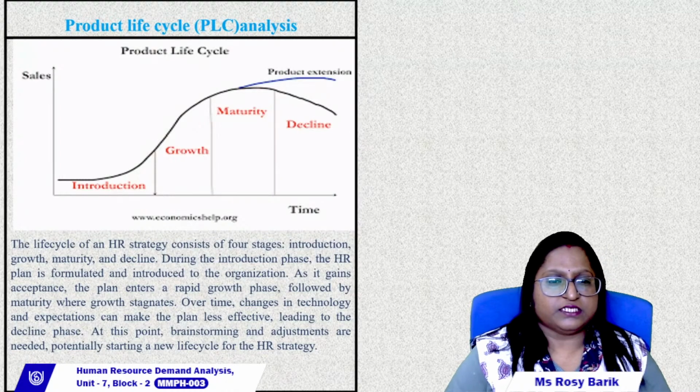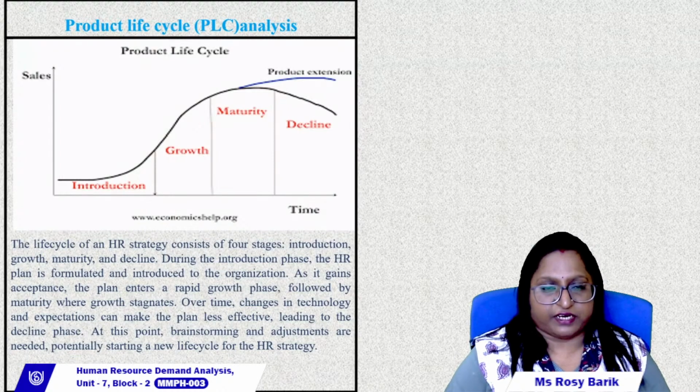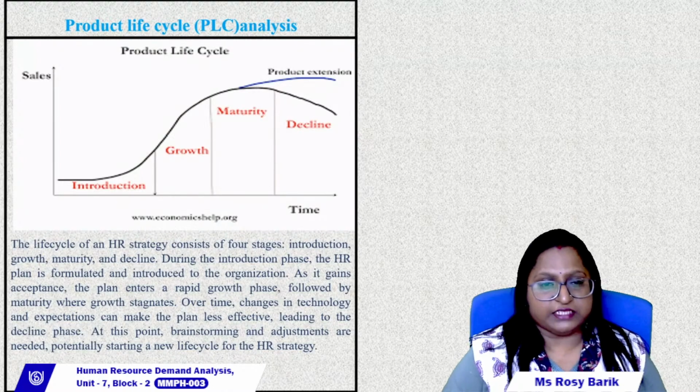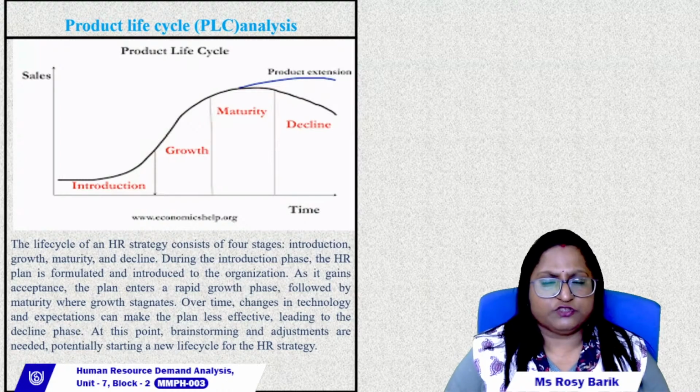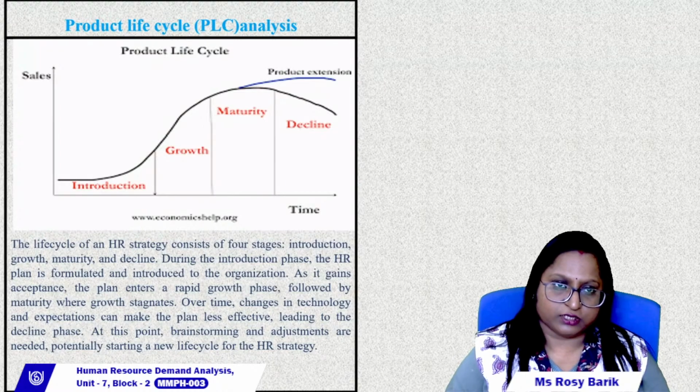Over time, changes in technology and expectations can make the plan less effective, leading to the decline phase. It is the point where brainstorming and adjustment are needed, potentially starting a new life cycle of the HR strategy.